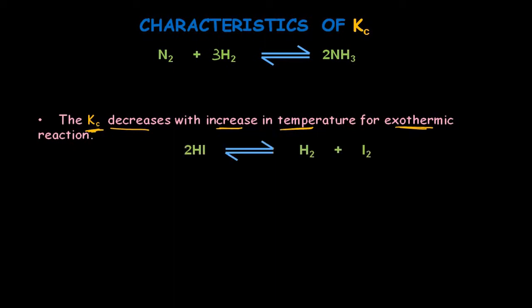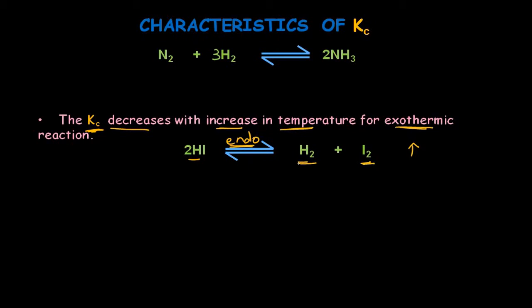Now let's see that again with one more example here. Hydrogen iodide decomposes to form hydrogen and iodine, that is, this reaction is endothermic in the forward direction. So an increase in temperature, according to Le Chatelier's principle, will favor the endothermic side, that is the product side.